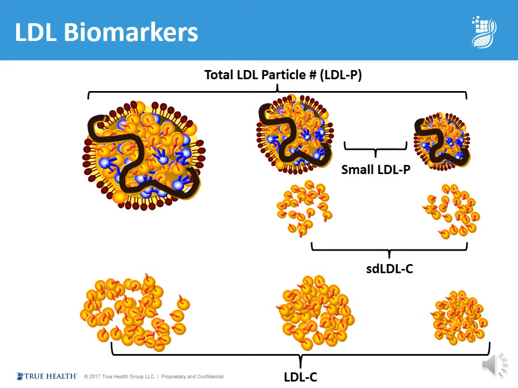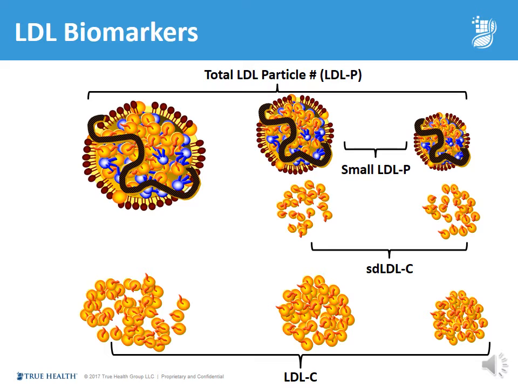Now, we've been relying on cholesterol mass measurements for decades. LDL cholesterol, as previously mentioned, is the collective cholesterol mass in all of the LDL particles that exist in a deciliter of plasma. But laboratories can also offer a clinician the amount of cholesterol that is trafficked within the small, dense LDL particles, and that is called SD-LDL-C.